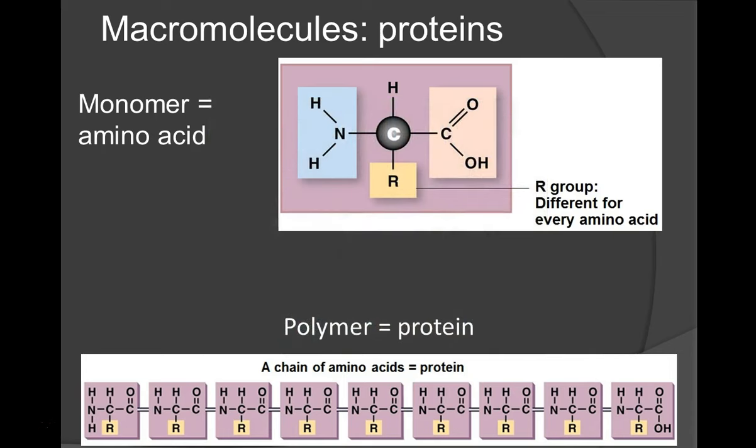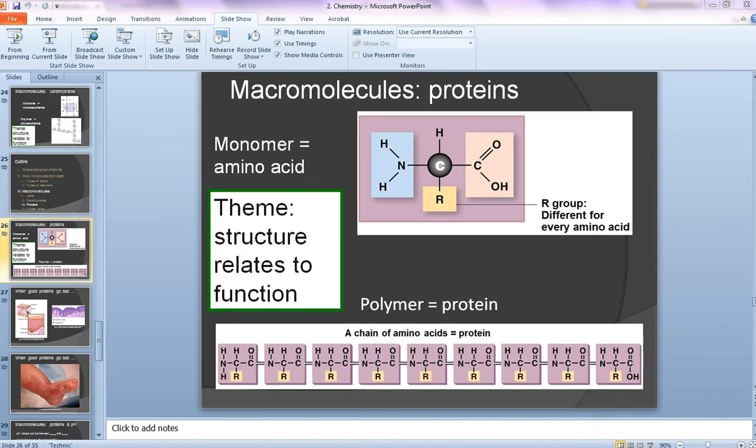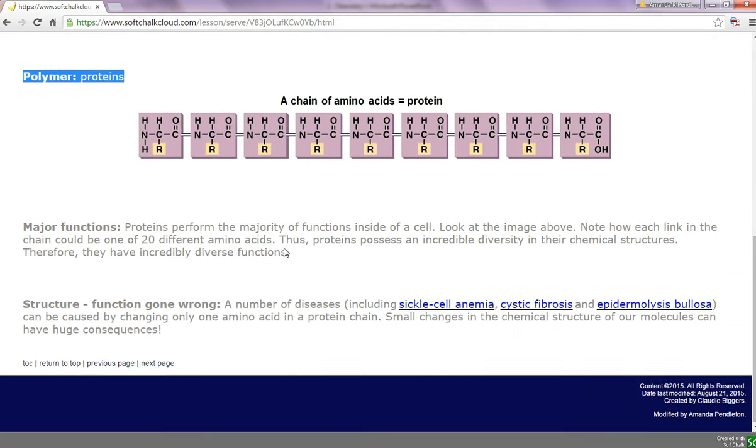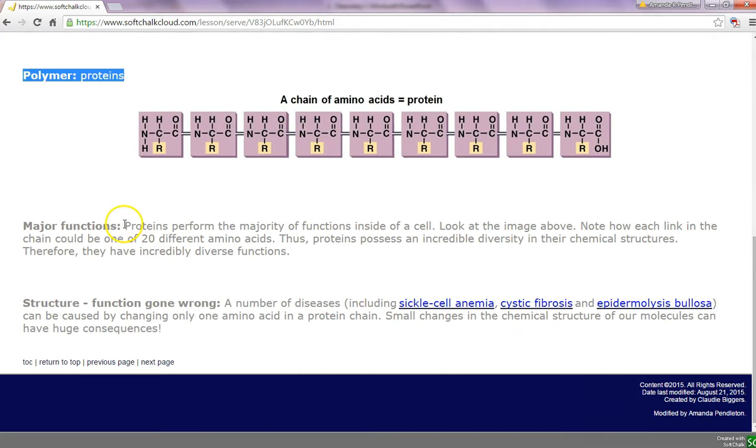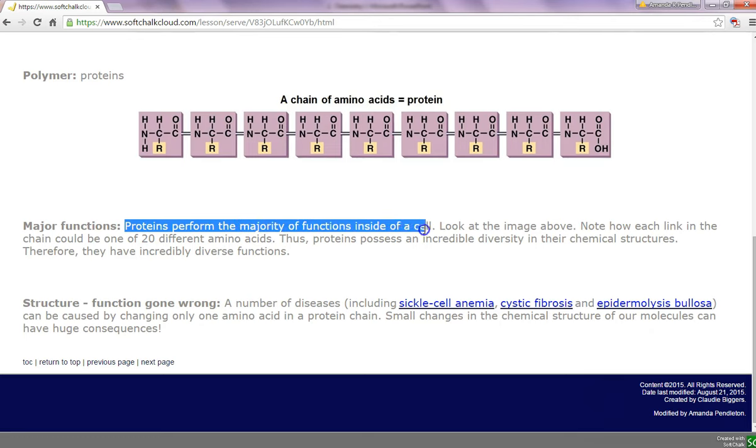So what that means is that proteins, because their structures are so versatile, are actually going to perform the vast majority of functions inside of the cell. So anything a cell does, moves, contracts, does a chemical reaction, all of those sorts of things, recognizes a bacteria inside of your body and eats it up.